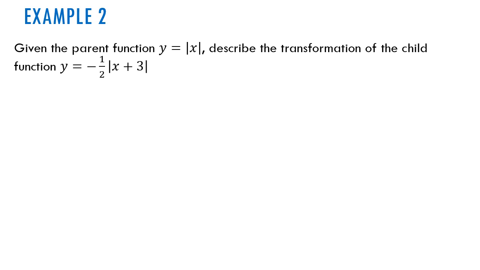Problem 2, or example 2. So you have the same parent graph as before, but now we have our equation look a little different, and they want us to describe the transformation. No problem. So once again, we have y equals a absolute value x minus h.